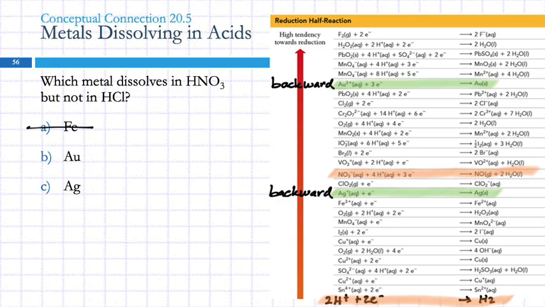So let's do this, because we just figured out that it is silver. So we're looking for, it dissolves in HNO3. So the HNO3 is the forward reaction.